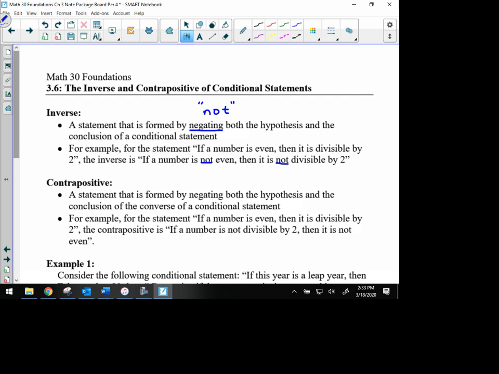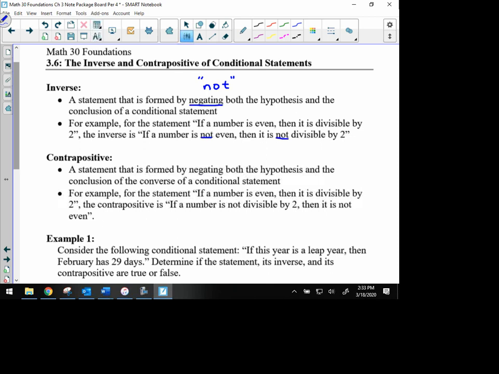The contrapositive is the combination of both. So if you notice here in the contrapositive, we're negating both the hypothesis and the conclusion, but not of the conditional statement, of the converse. So we have to obtain the converse first, and then we put the nots in there. In 3.5, we talked about the conditional statement and the converse.